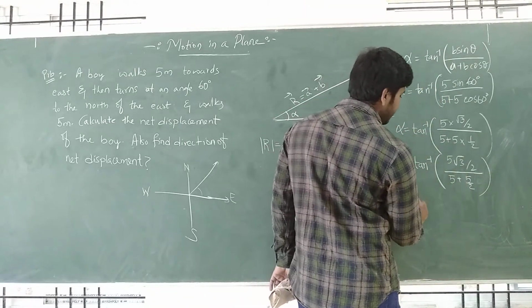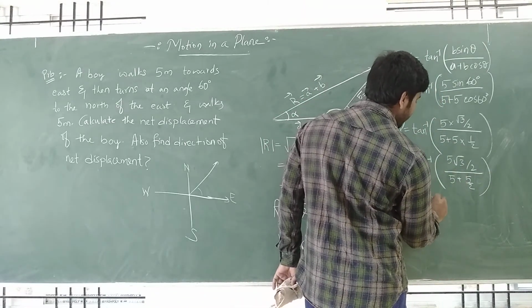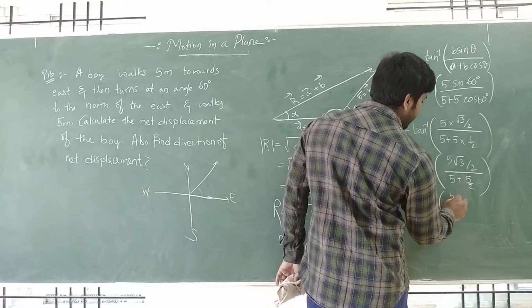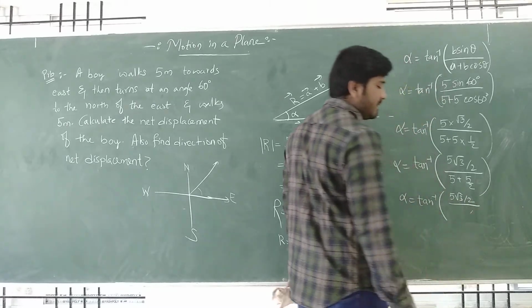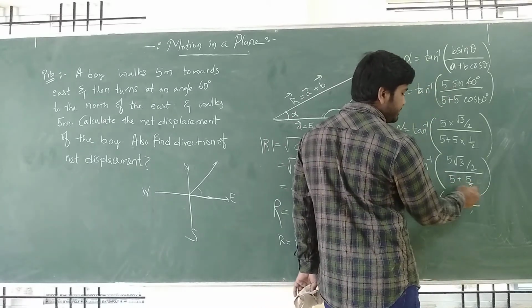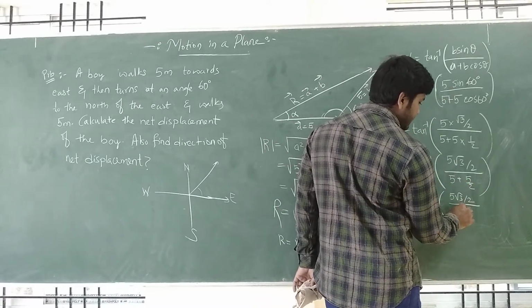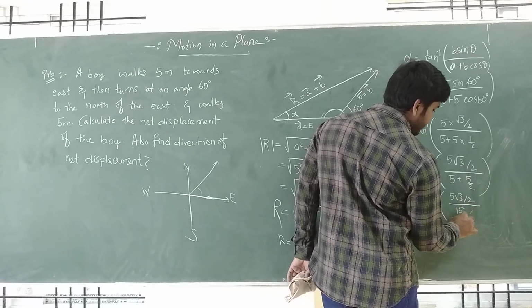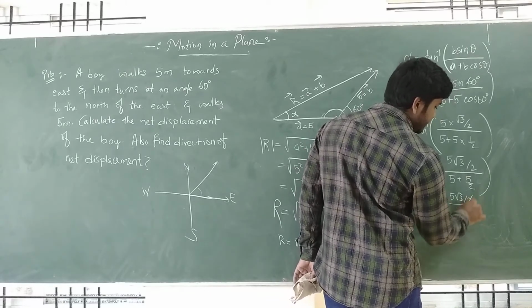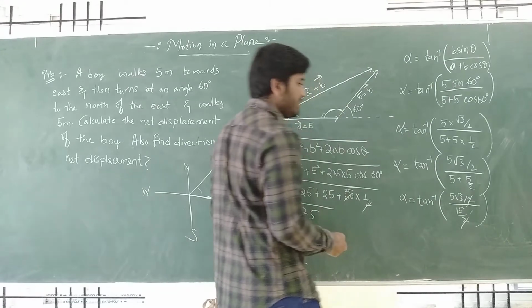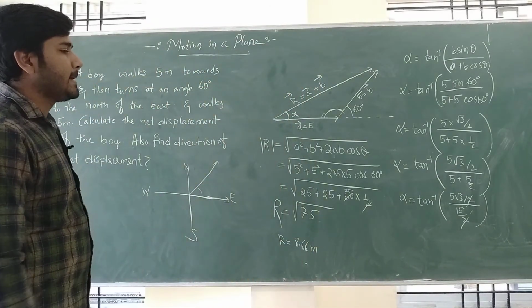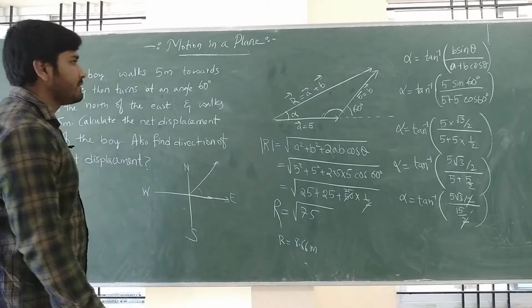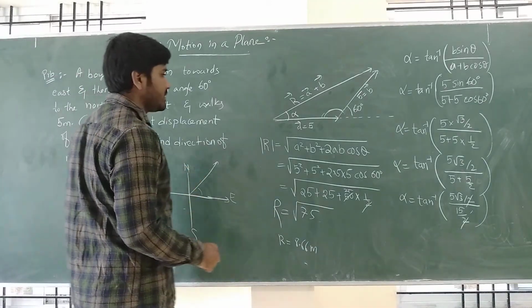So alpha is equal to tan inverse of 5 root 3 divided by 2, whole divided by 15 divided by 2. So this 2 cancels. So finally what will be remaining is 5 root 3 divided by 15.